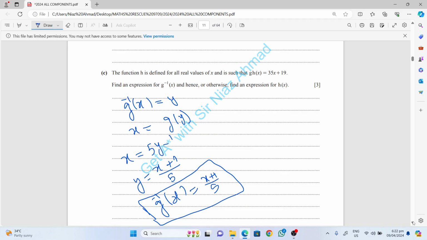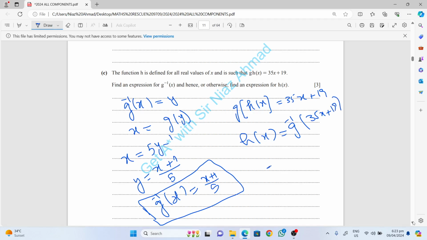If you have an expression for h of x, that is 35x plus 19, and you want to get the expression for h of x, that is g inverse of (35x plus 19).